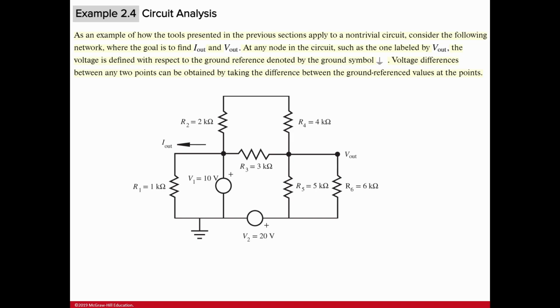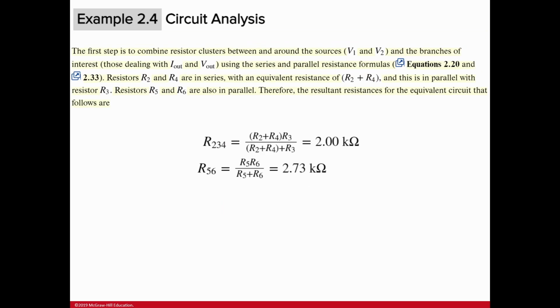That's easy, but it may be a little more complicated for V out because we need to simplify the connection of the resistors here. First, R5 and R6 are connected in parallel, so they are easy. This is the equivalent resistance of R5 and R6 in parallel.